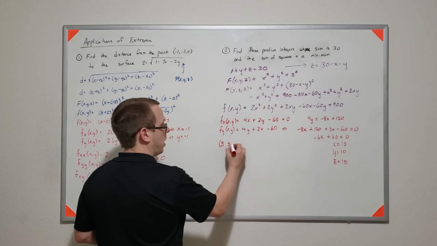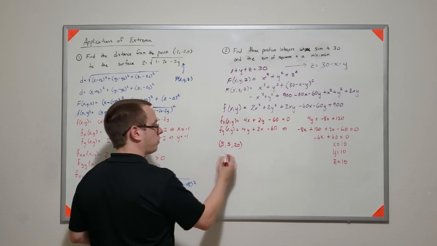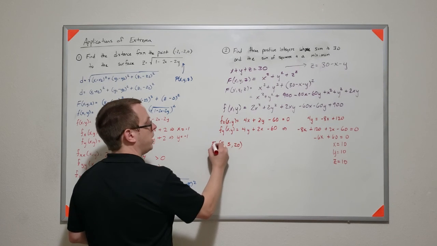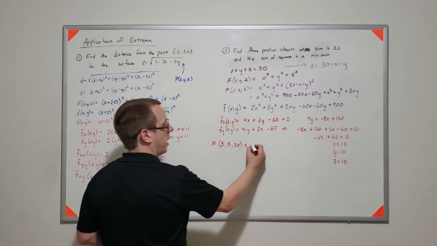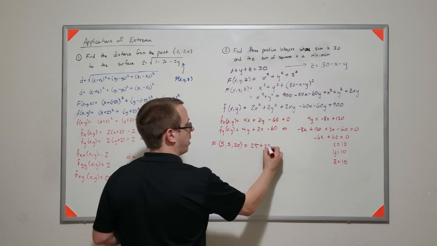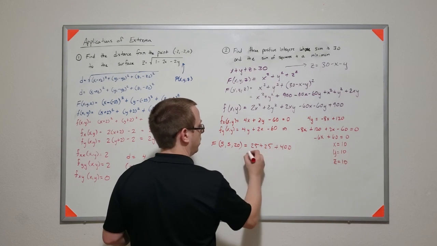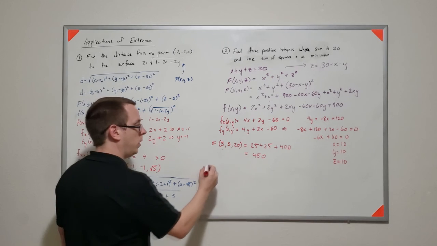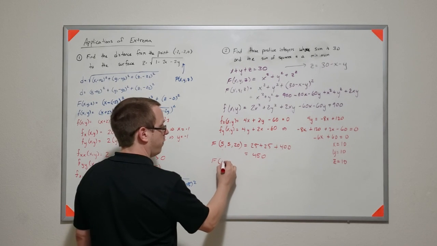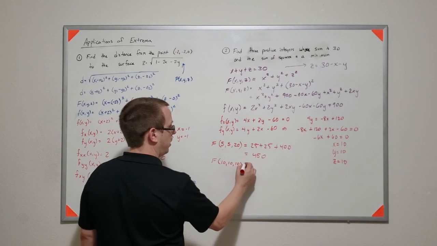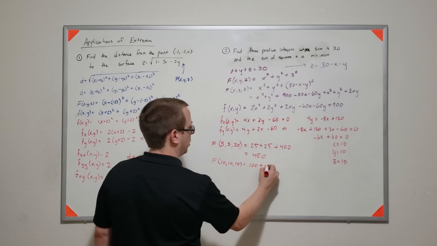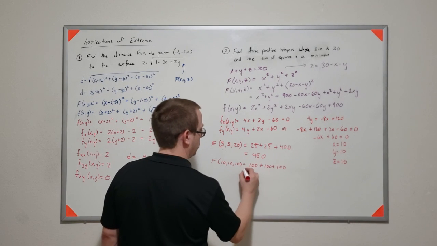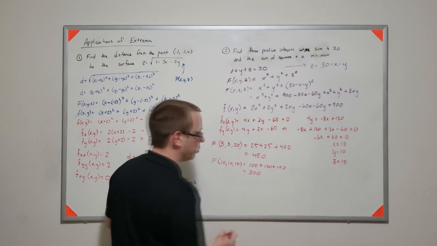Let's do something simple: 5, 5, 20. If I take f of that, I get 25 plus 25 plus 400, which is 450. If I take f of 10, 10, 10, I get 100 plus 100 plus 100 equals 300.